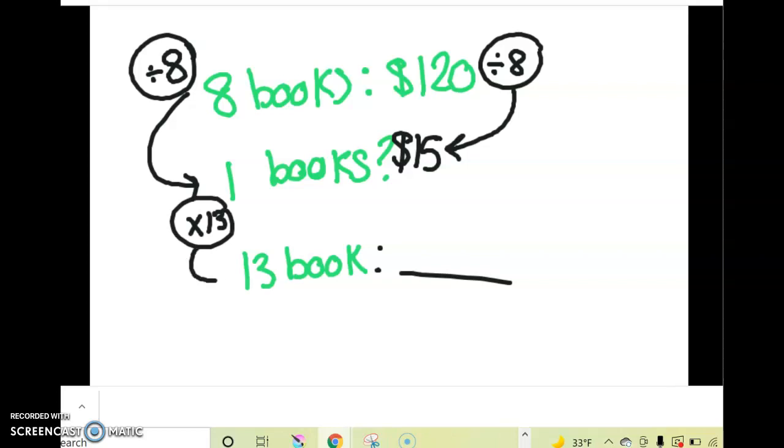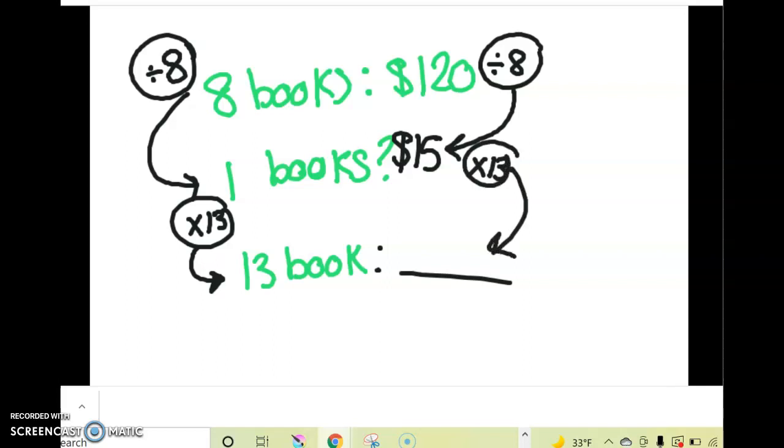And this is why a unit rate is so useful. We can find any amount using a 1 simply by multiplying that number by 1. And again, with a ratio, whatever I do to one side, I do the same thing to the other side. So if I'm trying to figure out the price of 13 books, I'm going to take the price of one book, which is $15, and multiply it by 13.